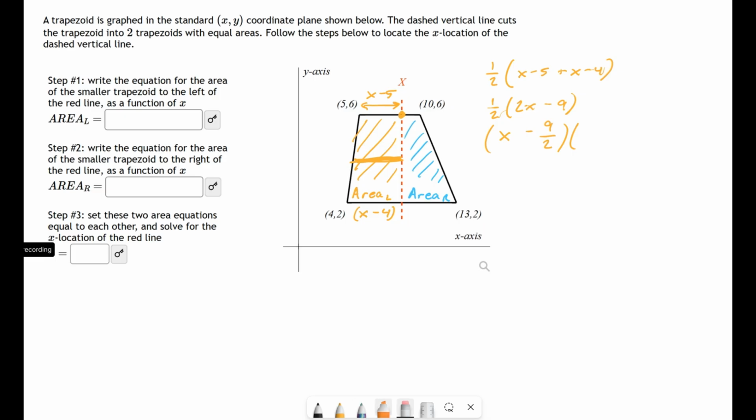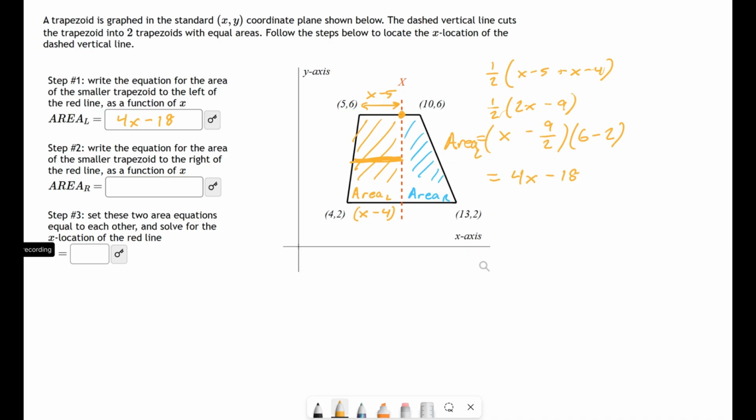So that's going to be a height of 4. And I'll just say 6 minus 2 so you can see what's going on here. That is my area L, equals (2x minus 9)/2 times 4, which if we simplify that a little bit, is 4x minus 18. And that is your formula that goes right here, 4x minus 18.